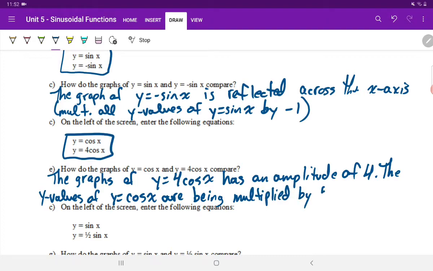Hopefully that makes sense to you here. They're 4 times larger.